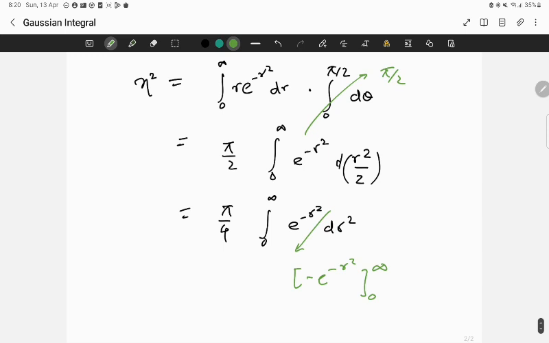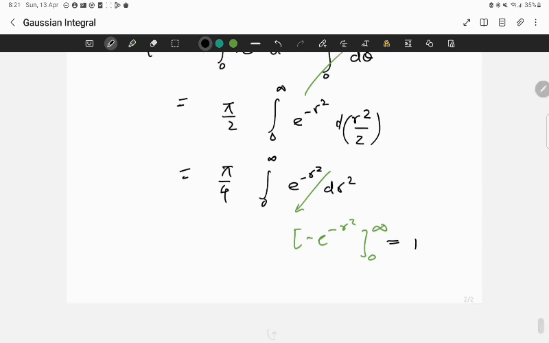So then this just becomes pi by 4, right, the entire expression, because the integral becomes 1.